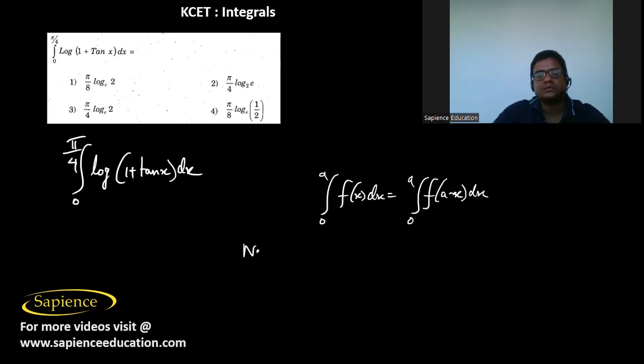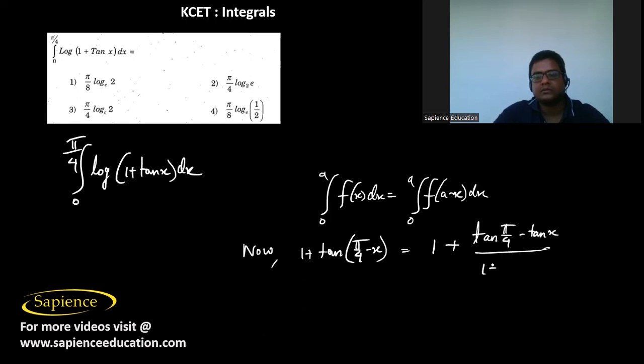So now 1 plus tan of (pi by 4 minus x) will be 1 plus (tan pi by 4 minus tan x) by (1 plus tan pi by 4 into tan x). So this will be 1 plus (1 minus tan x) by (1 plus tan x).